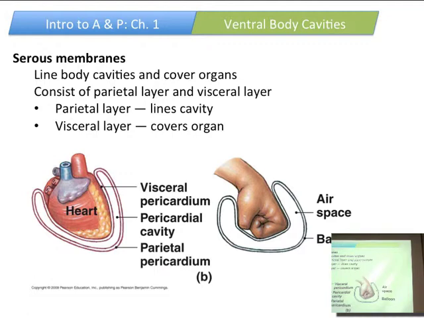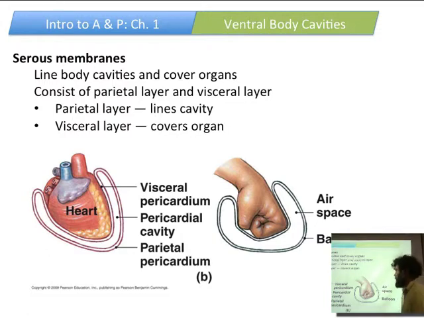There are three serous membranes. They are the pericardium, the peritoneum, and the pleural. The pleural, P-L-E-U-R-A-L, the pleural serous membrane.